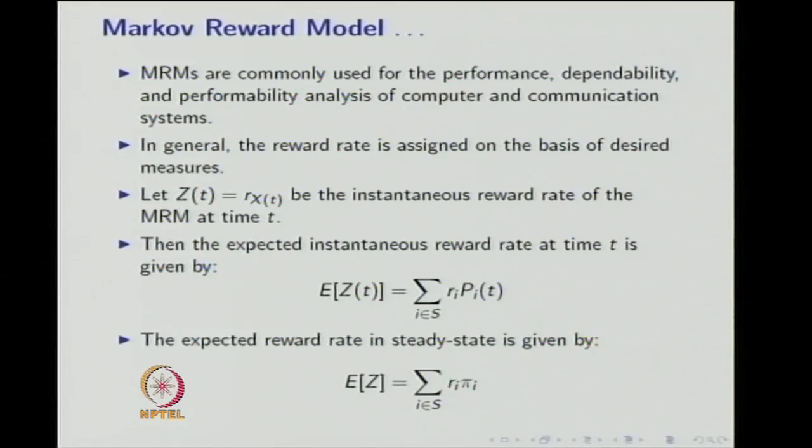Then the expected instantaneous reward rate at time t is given by expectation of Z of t, which is the summation of R_i P_i of t. The expected reward rate in steady state is the expectation of Z, which is the summation of R_i pi_i.